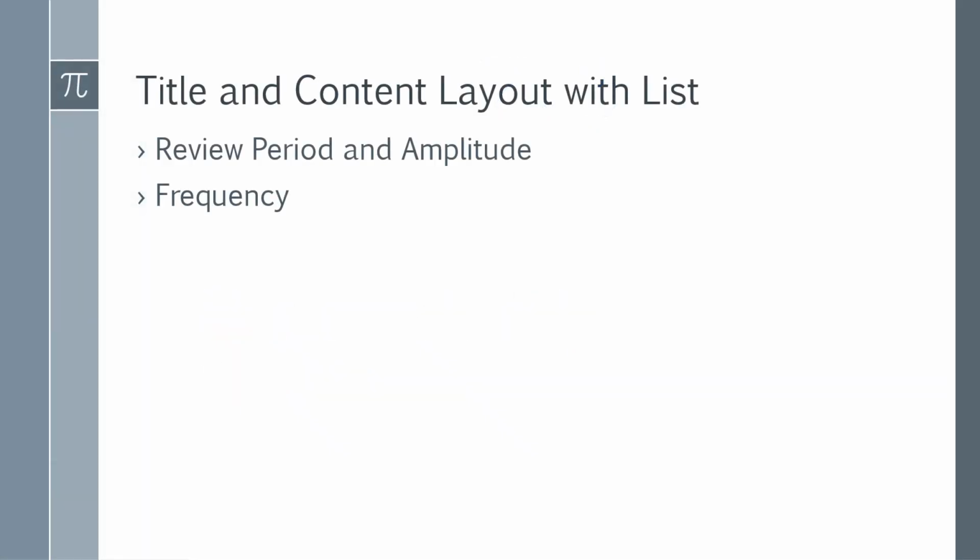Alright, you guys, we're going to review the period, amplitude, and the frequency. I want to first review what the amplitude is. The amplitude is the distance from the maximum and the minimum.